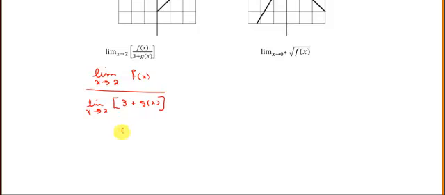So this would be 0 over the limit as x approaches 2 of 3 plus the limit as x approaches 2 of g of x.